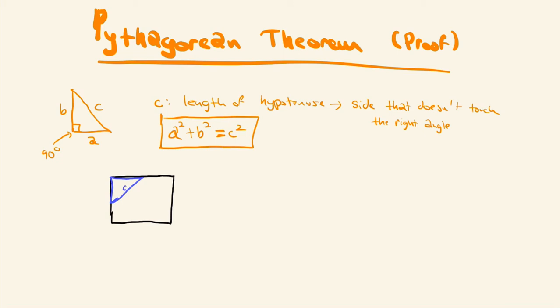So this is side length C, side length C, side length C, side length C there. Okay, and we're going to call that A and that B.